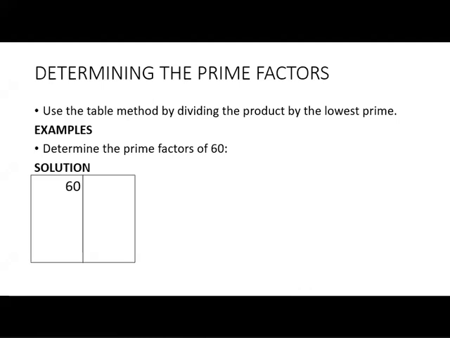The lowest prime that can get into 60 will be 2. And when you take 60 and divide it by 2, it'll give you 30. Then you find another lowest prime that gets into 30, which is 2 again. You will take that and divide it by 2. 30 divided by 2 will give you 15.